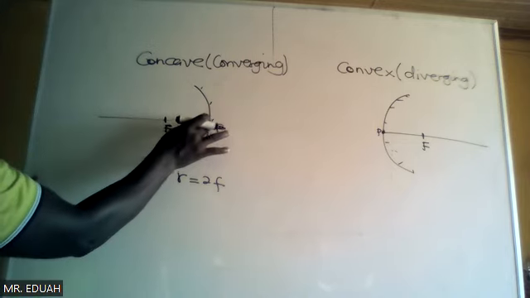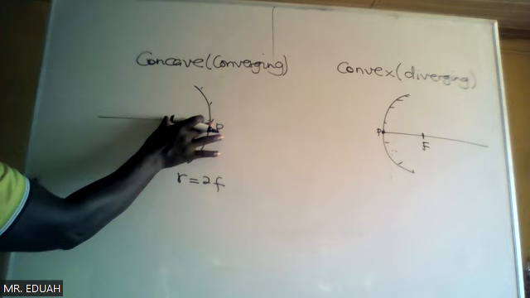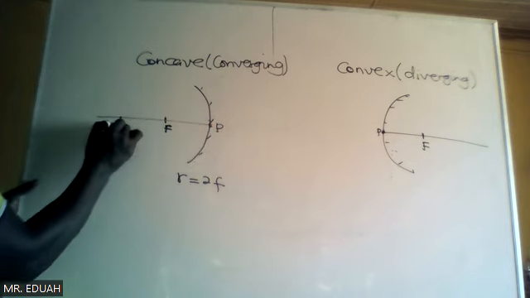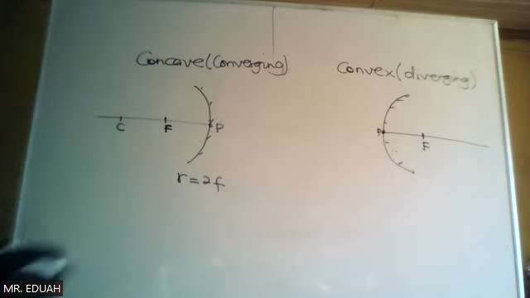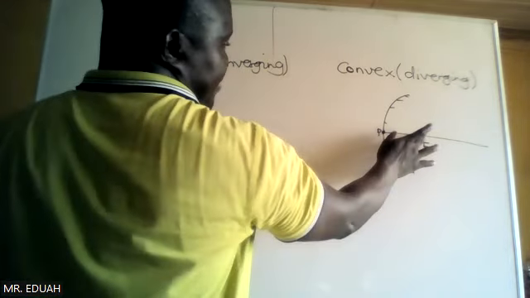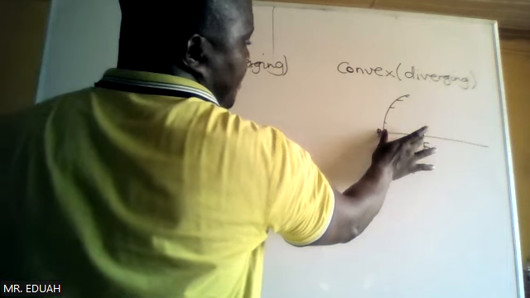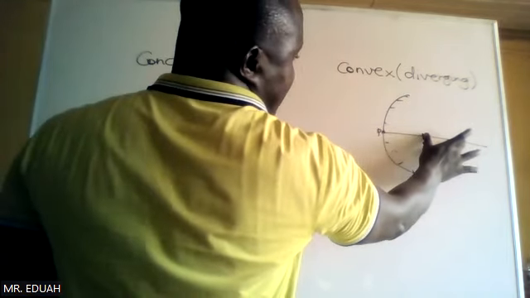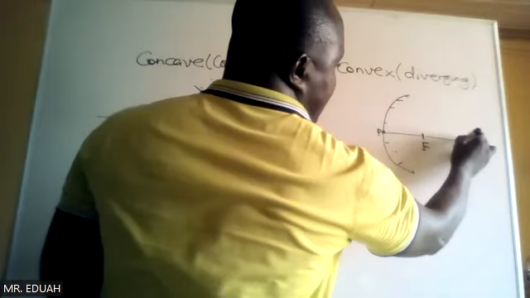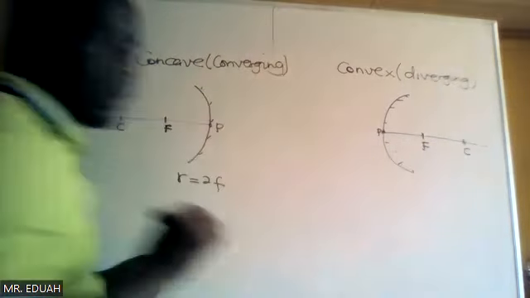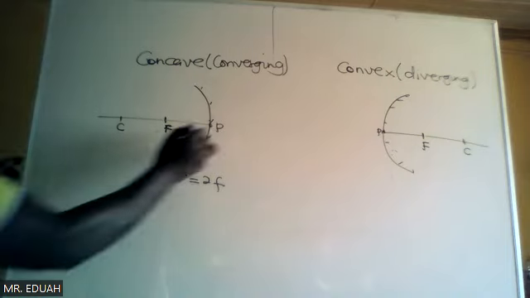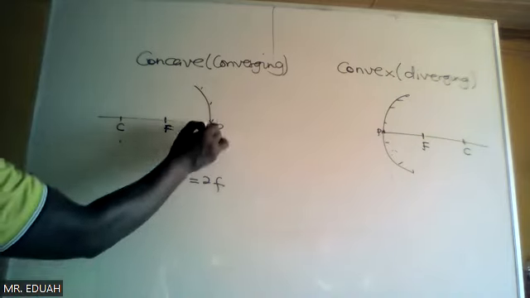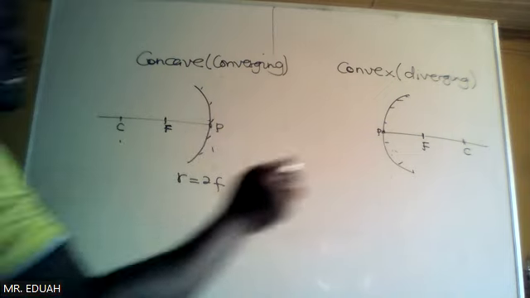So if you measure X distance, you measure the same distance from F to C. So this is the center of curvature. We do the same thing for this, this is F. We measure the same thing for center of curvature C. So from the pole to this is the radius of curvature. From the pole to F is the focal length.